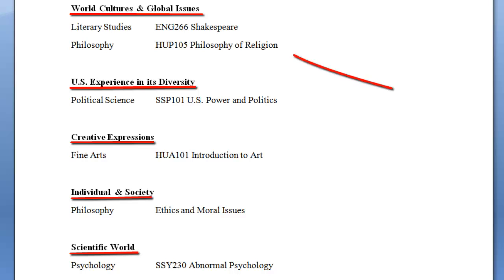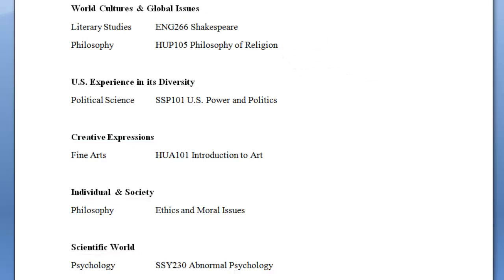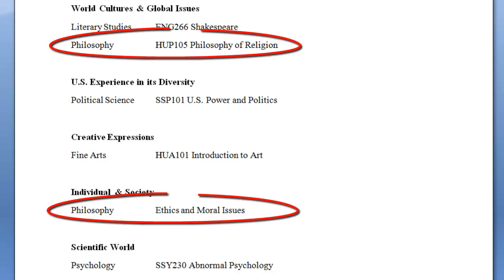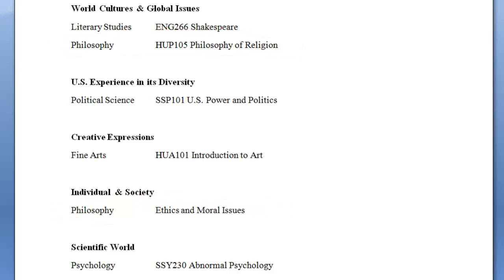In this case, we chose a second course in the World Cultures and Global Issues category. And third, you cannot pick more than 2 courses in any one discipline. You will see here that there are 2 courses in the Philosophy discipline. That is okay. However, we could not select a 3rd course in Philosophy. Here's an example then of a completed Pathways Flexible Core.